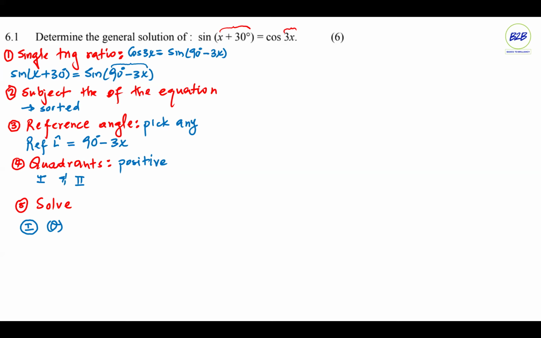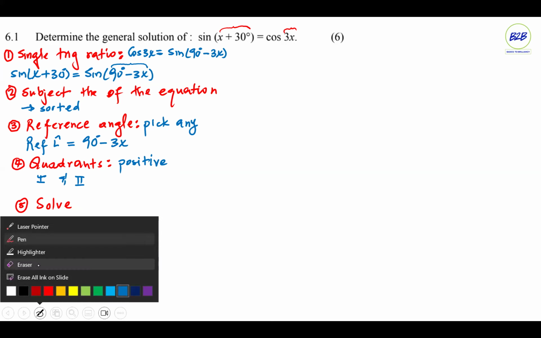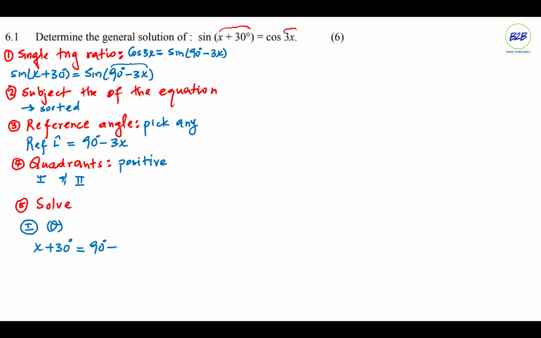So we have picked 90 degrees minus 3x as the reference angle. Now when we solve, we will take x plus 30 degrees, and then say x plus 30 degrees is equal to theta. What is theta? Our reference angle, 90 degrees minus 3x plus k times 360 degrees.